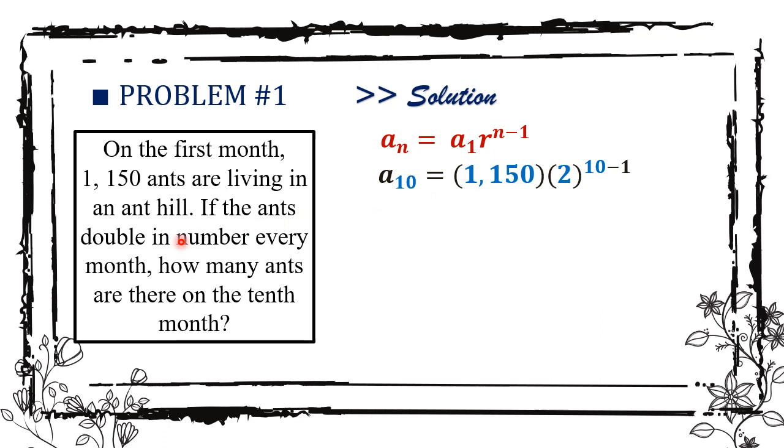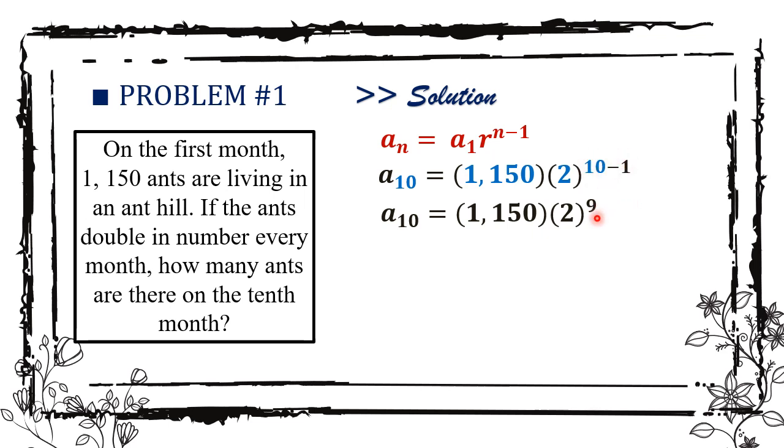It is mentioned in the problem that the ants double in number every month, so that means double is the indicator of the common ratio, which is 2. And lastly, for our n, since we're looking for the value of the 10th term, our n is 10.